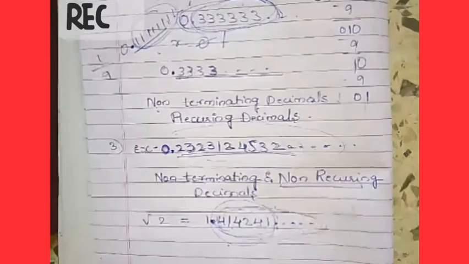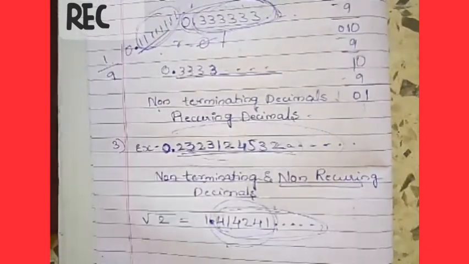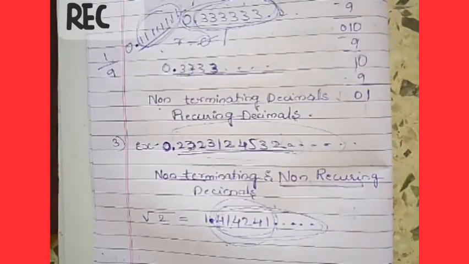Now we saw the three categories of the decimals. Let's recall what they are.